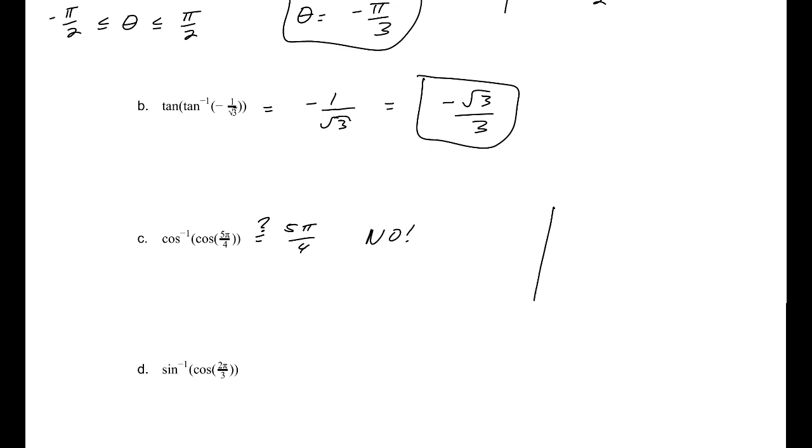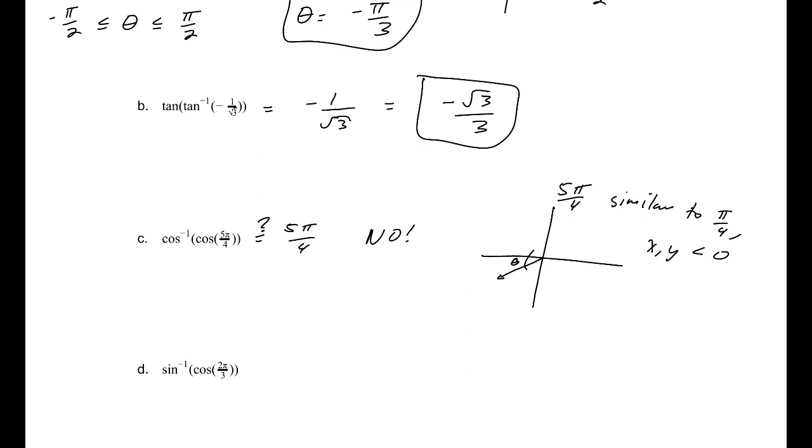So let's draw a triangle. First, cosine of 5 pi over 4. Cosine of 5 pi over 4 is similar to pi over 4, except that it's going to have an x and a y that are less than 0.